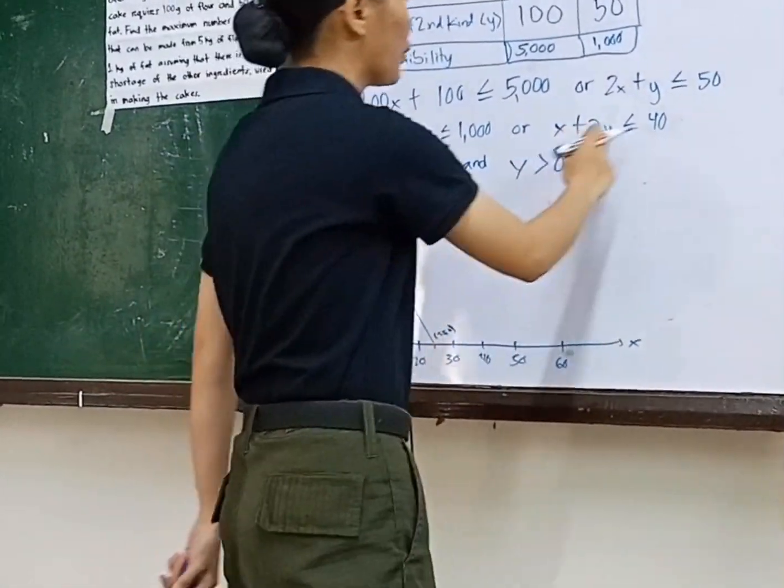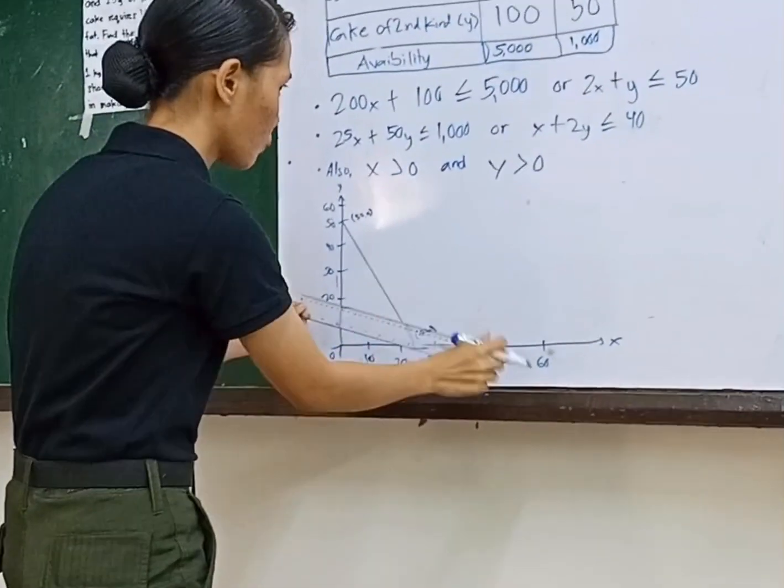And then for x plus 2y equals 40, 40 divided by 2 is 20 on y, and 40 on x.